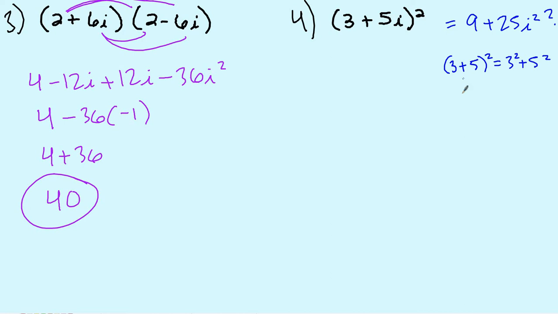So 3 plus 5 is 8. So 8 squared is the same thing as 9 plus 25. Oh, no. I hope you realize that that is not true. So we cannot do that. We cannot distribute the squared because there's addition.